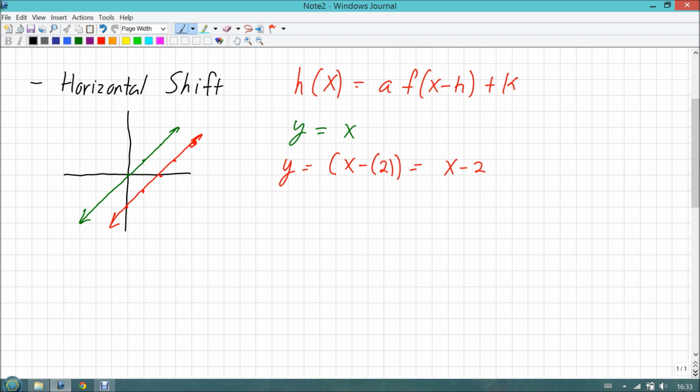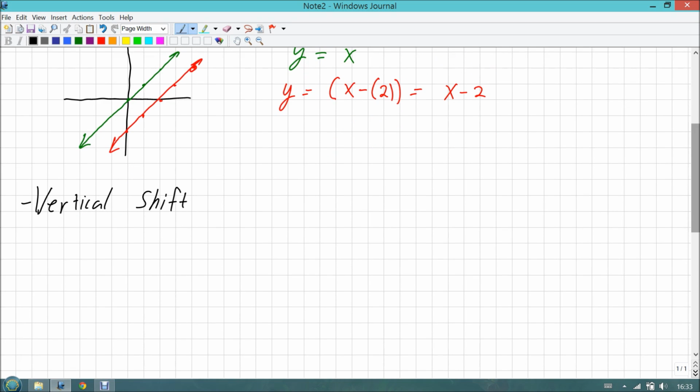The other kind of shift would be a vertical shift. And if horizontal means moving left-right, then obviously vertical must mean moving up and down. So let's take a look at the same graph, except that we are going to move it down 2 spaces. We have our original graph in green, going up and to the right and down and to the left.